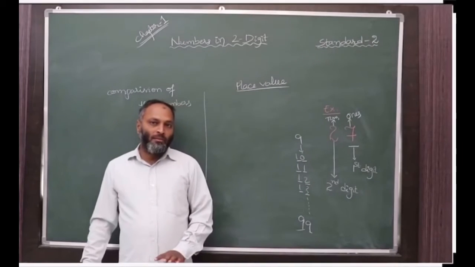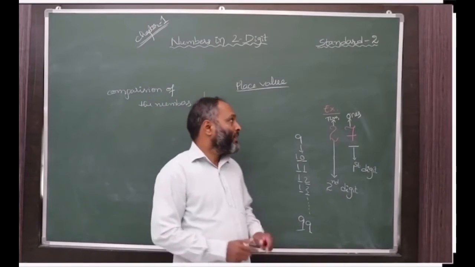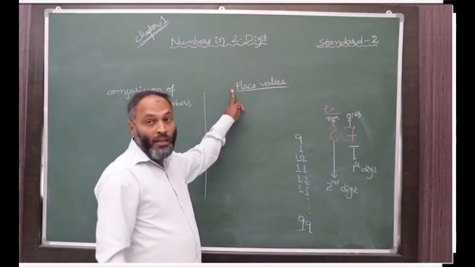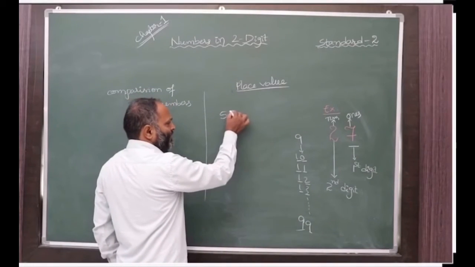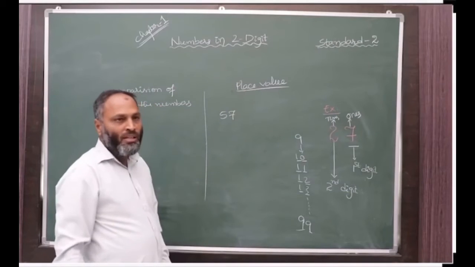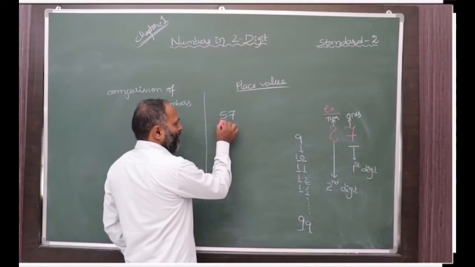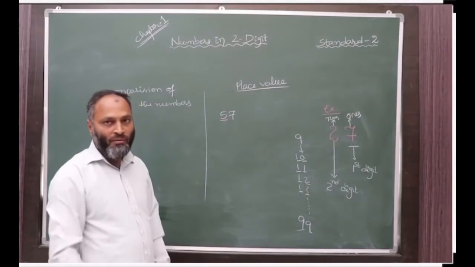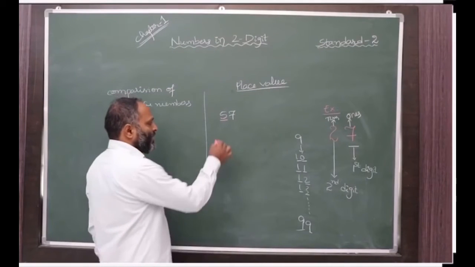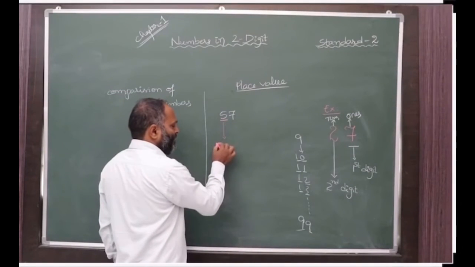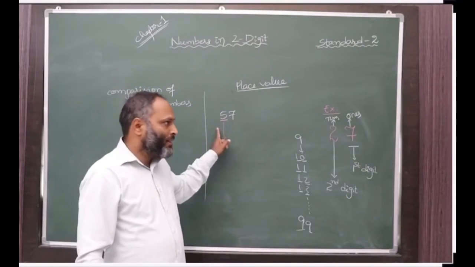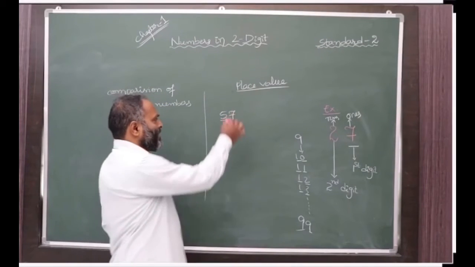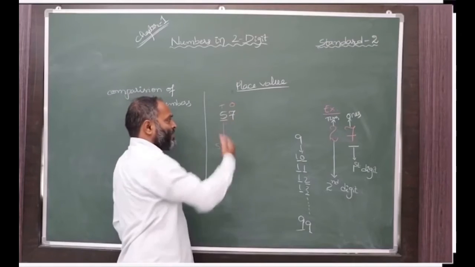In two-digit numbers, we are going to discuss the place value. Suppose I give 57. What is the place value of 5? The place value of 5 is 50. Why? Because it is in the tens place.